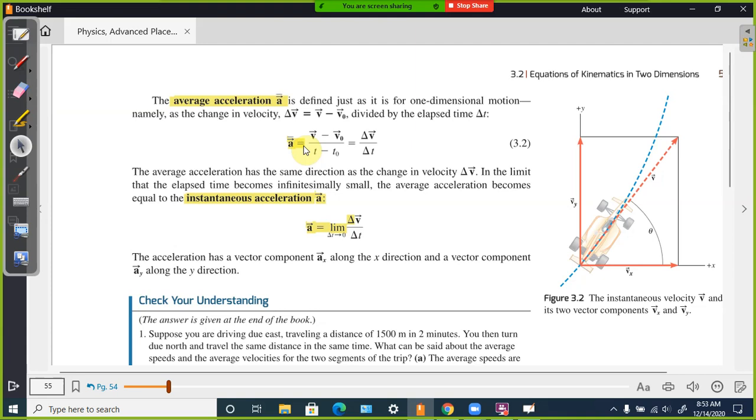So in chapter 3 in general, what they're getting into is, instead of looking at these different things in only one dimension, we're going to start looking at them in 2 dimensions. A couple sections back, we looked at things only in the horizontal direction, and then we looked at things only in the vertical direction.